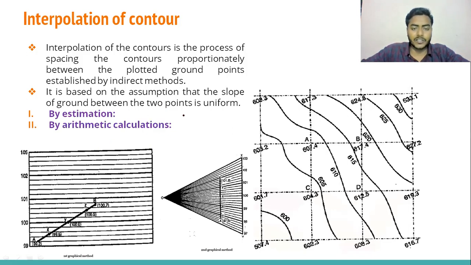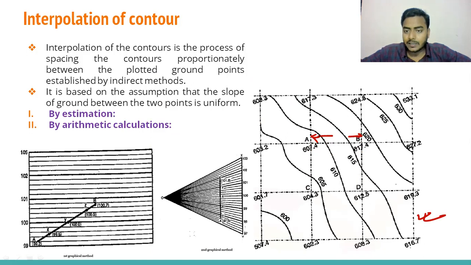By arithmetic calculation, like we have shown in the previous lecture also, like you can see in the figure, in this case A, B, C, D. A point has elevation 607.4, B has elevation 617.4. Okay, so we can calculate this distance.